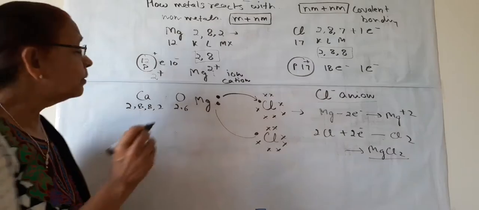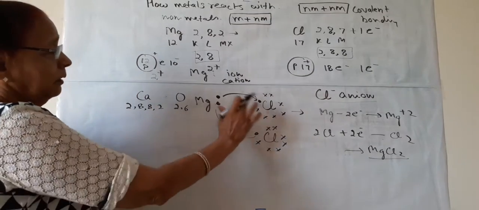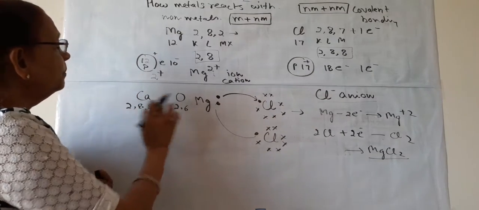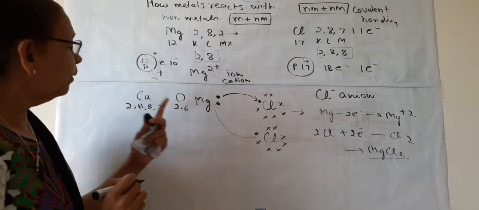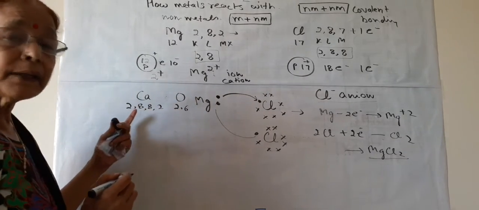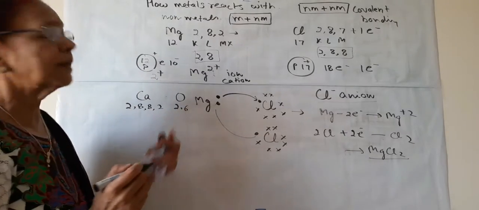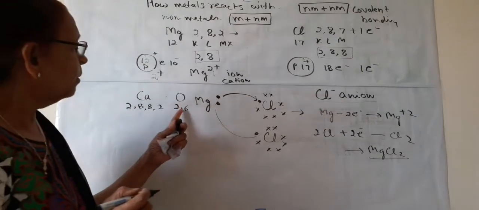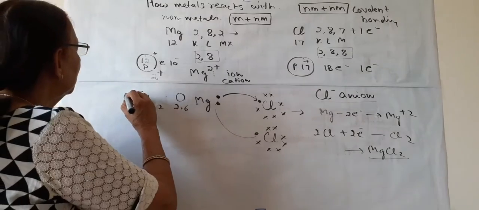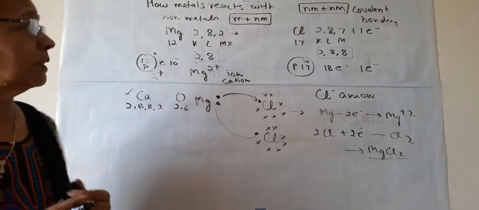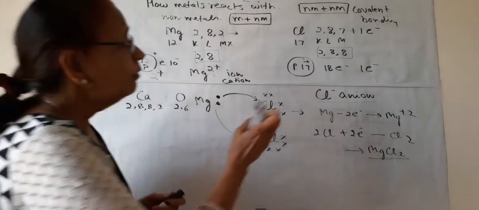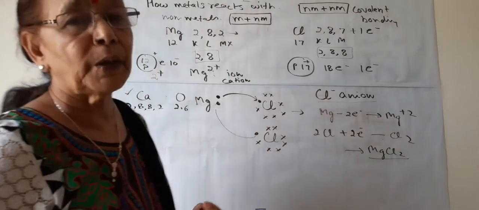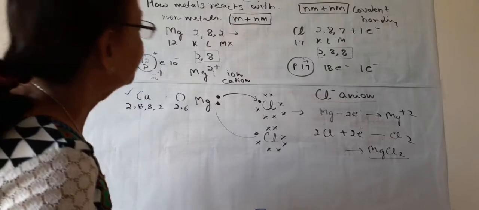Now in your notebooks, you draw a diagram like this and you make the formula of calcium oxide, CaO, by donating electrons from calcium and accepting electrons by oxygen. This you do in your notebooks. So this is how ionic compounds or electrovalent compounds are formed.